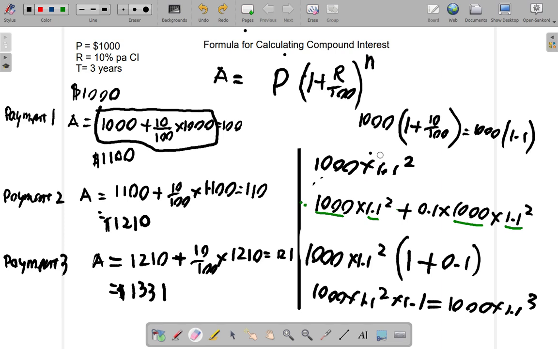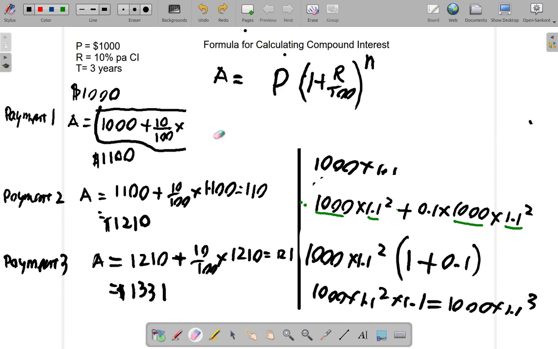So we have finally our formula, our compound interest formula here. This is our formula. So the amount is principal, open bracket, 1 plus the rate over 100 close bracket to the power of n. So that is our compound interest formula.